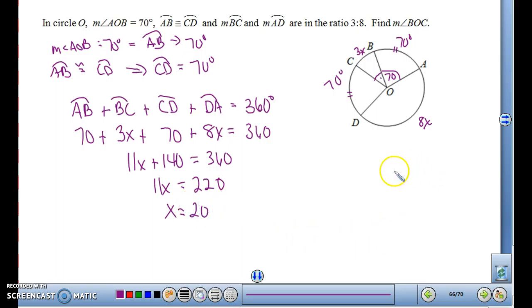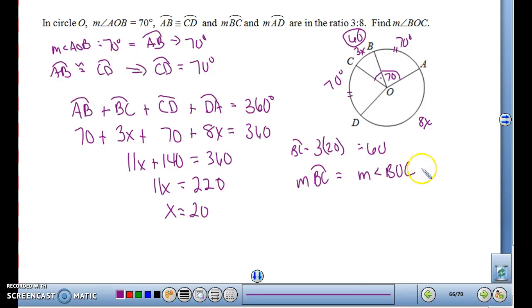Okay, so that means that BC is going to be 60 here, and that means the measure of the arc is equal to the measure of the angle. The measure of BC is equal to the measure of angle BOC, so that's going to also equal 60. So that angle right here is going to be 60.